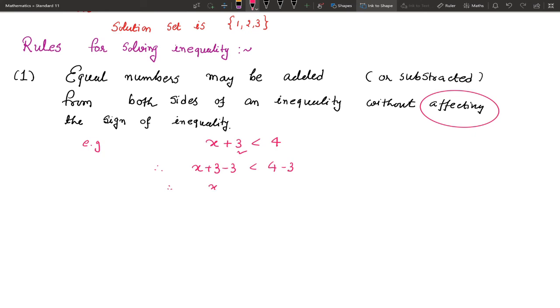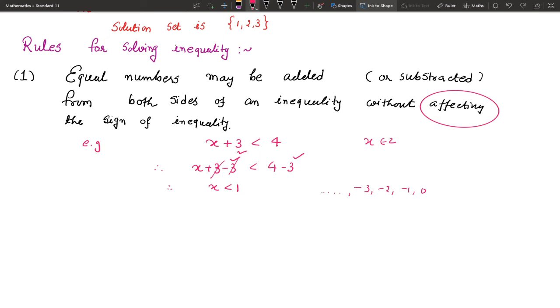So x less than 1, plus 3 minus 3 cancel. We have subtracted 3 using this rule. So there is no effect on sign of inequality, x less than 1. And suppose here condition is given x belongs to Z, then integers which are less than 1, solution will be of the form minus 3, minus 2, minus 1, 0.